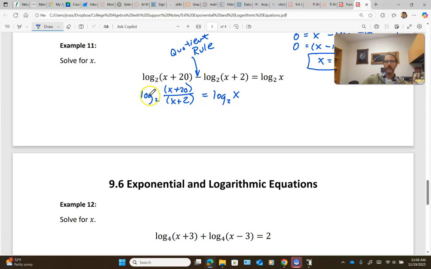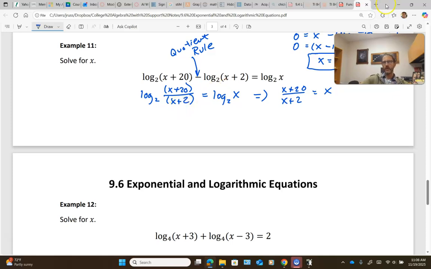Because we have log base 2 on both sides, log base 2 of this argument being equal to log base 2 of this argument, this implies that those two arguments must be equal. So this implies that x plus 20 over x plus 2 is equal to x.